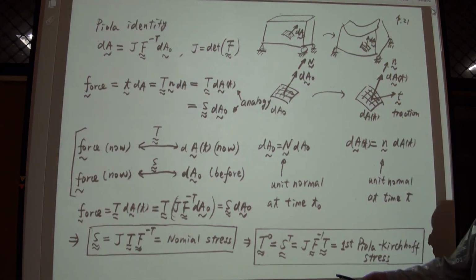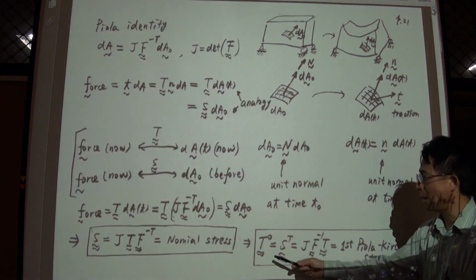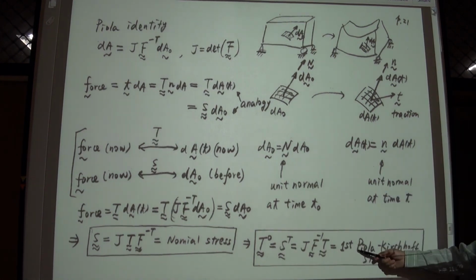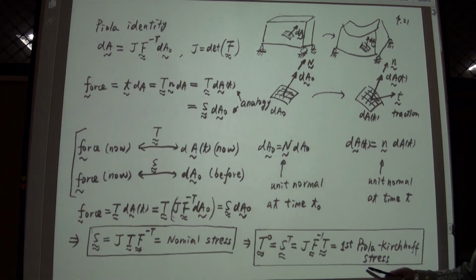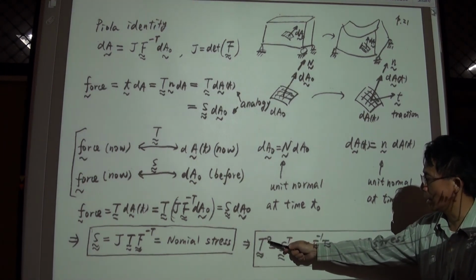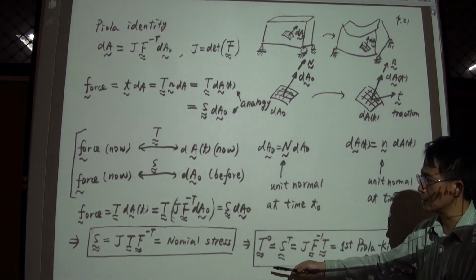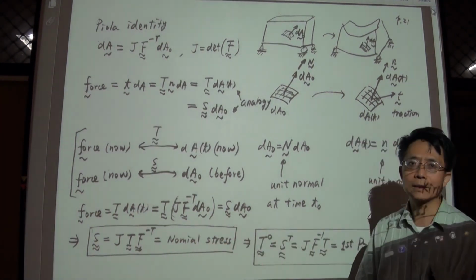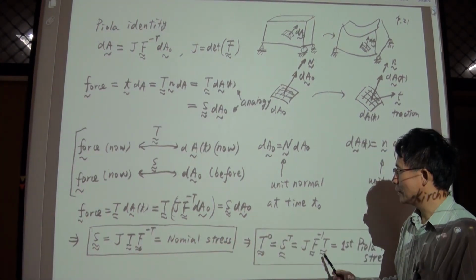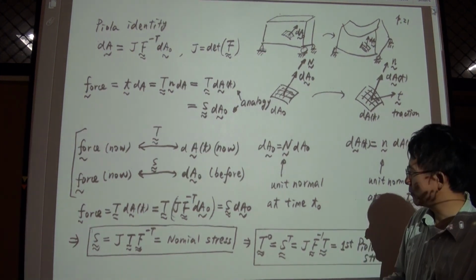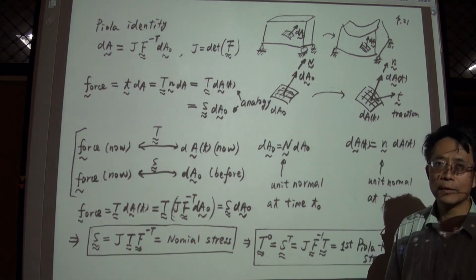In some books, like the textbook of Malvern, you will find the name first Piola-Kirchhoff stress, equal to S transpose, where S is the nominal stress. We have this because we have the transpose here.